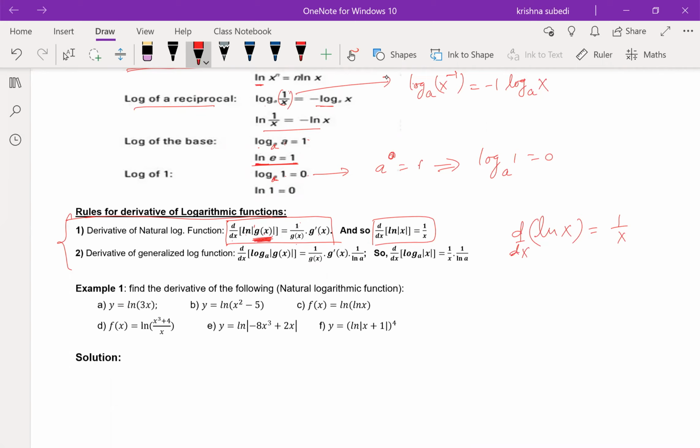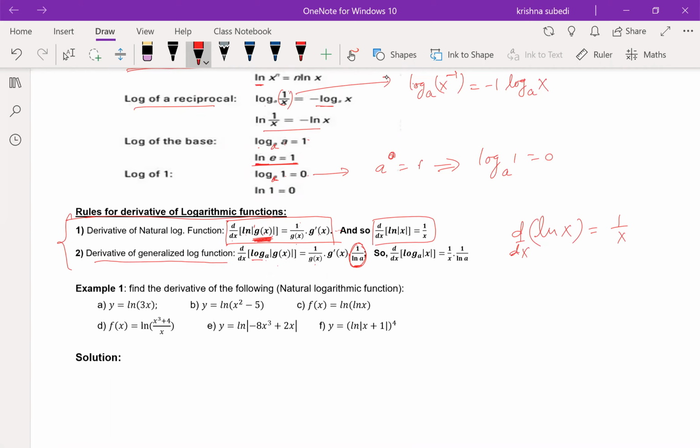Now, the derivative of the generalized logarithmic function is pretty much the same, but we need to write one extra factor. So the derivative of log to the base a of g of x equals 1 over g of x times g prime of x times 1 over ln a. This is the extra factor that you need to write, compared with natural logarithmic functions.